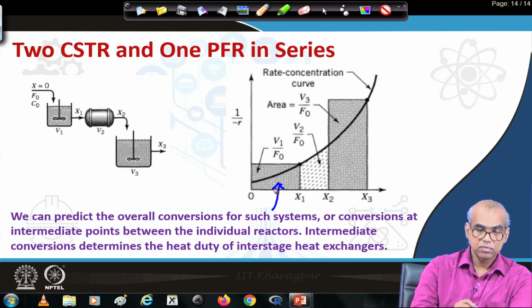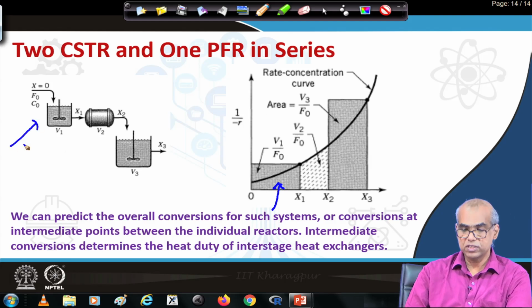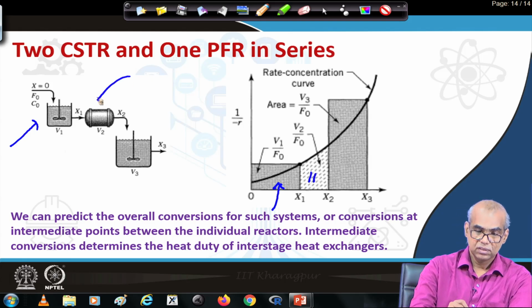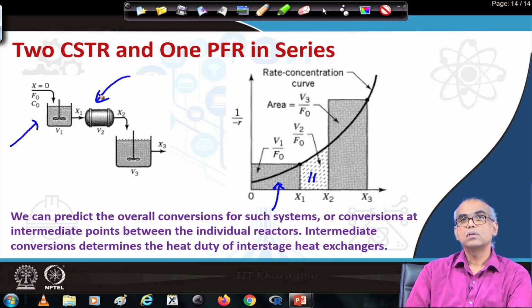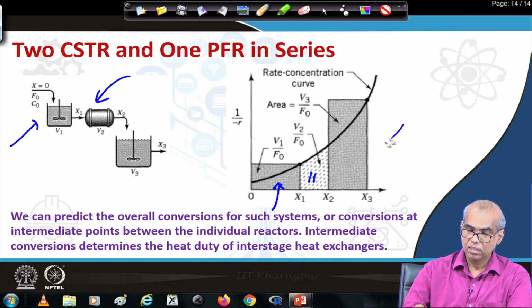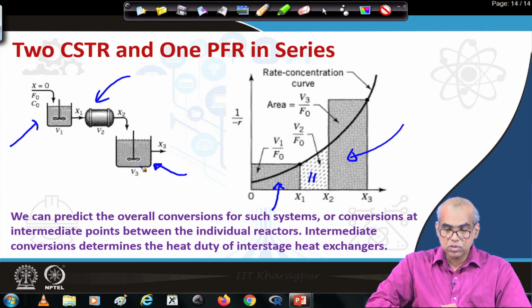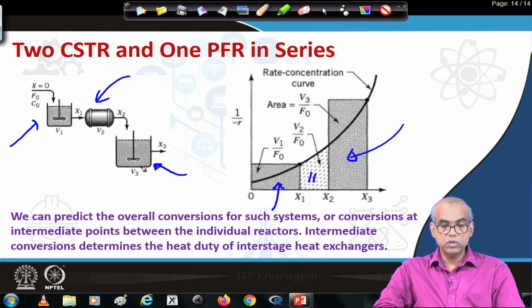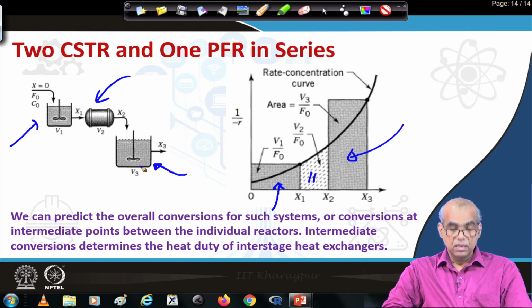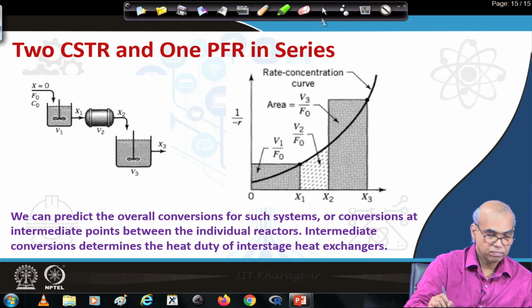This area is a measure of volume V1 of the first reactor, the shaded area under the curve is a measure of the volume of the plug flow reactor, and this shaded area is a measure of V3 for the second CSTR. So, you can predict the overall conversion of such systems or conversions at intermediate points between the individual reactors. Intermediate conversions are useful to find out the heat duty of interstage heat exchangers.